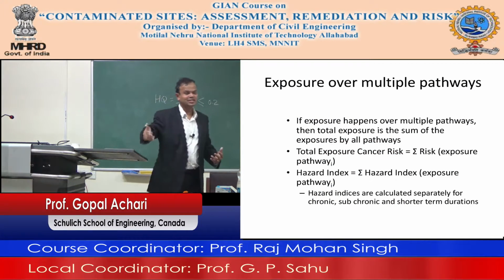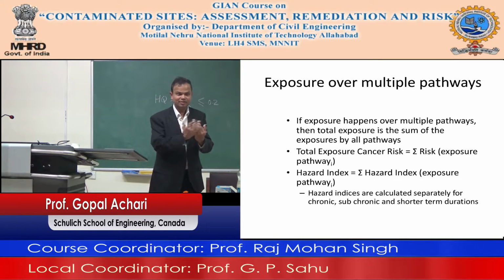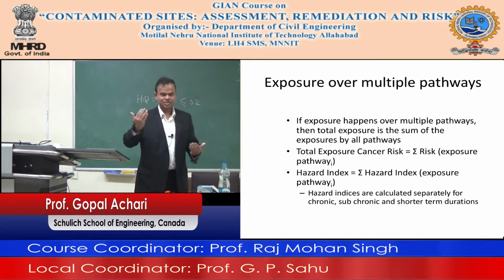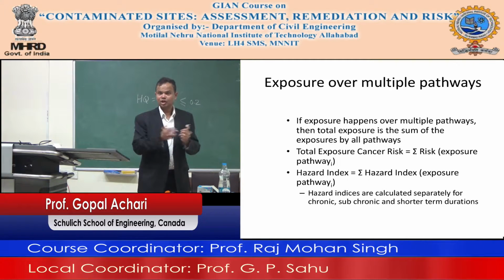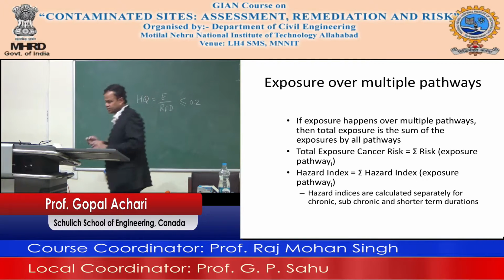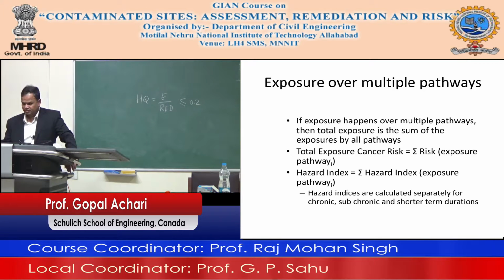I drink something else that also attacks my kidney. Now the risk of me developing kidney problems from those two sources, perceived to be independent but both attacking the same organ, will be a lot higher. So you need to add them. So the total exposure cancer risk is risk by different exposure pathways, and hazard indices are calculated separately for chronic, subchronic and shorter term durations.